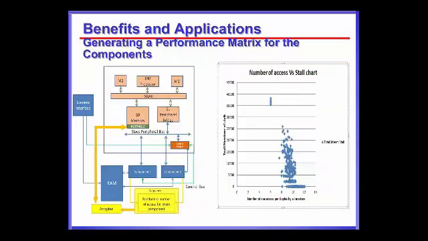Okay, and now let's look at the application that we created out of that, which was to generate a performance matrix. If you look at component 1 and component 2, the role of these components is to process the data that is coming from the camera interface. These components work on different configurations, and in different configurations they would be accessing the memory in a different manner, right?